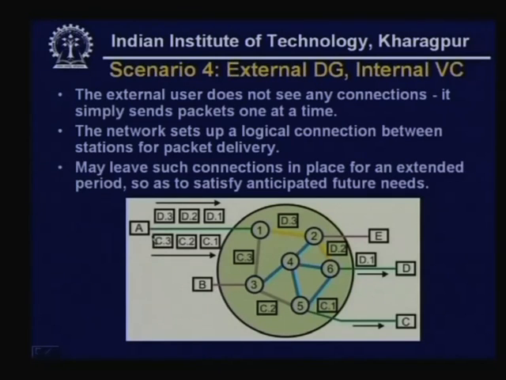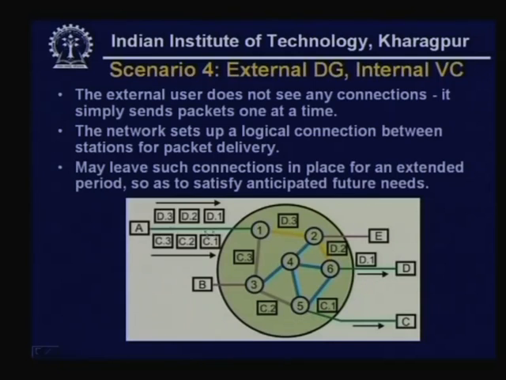Similarly, from A to C also we find that C1, C2 and C3 have been presented in the same order to node A, and you can see here that C1 has reached earlier than C2, then C3. So, this is the route that is followed through the virtual circuit created between node 1 and node 5.